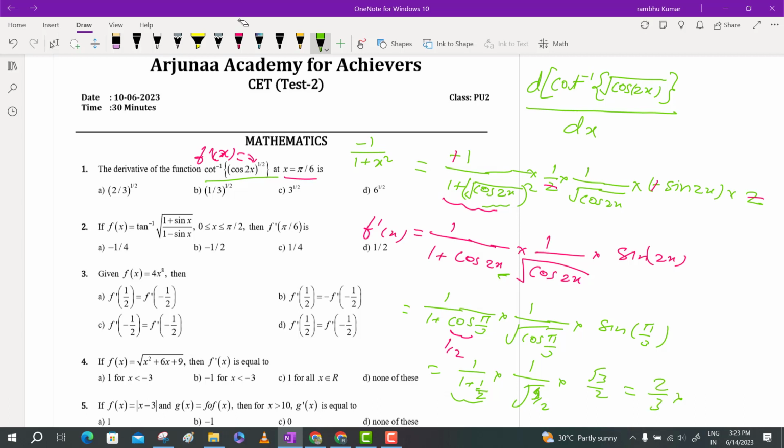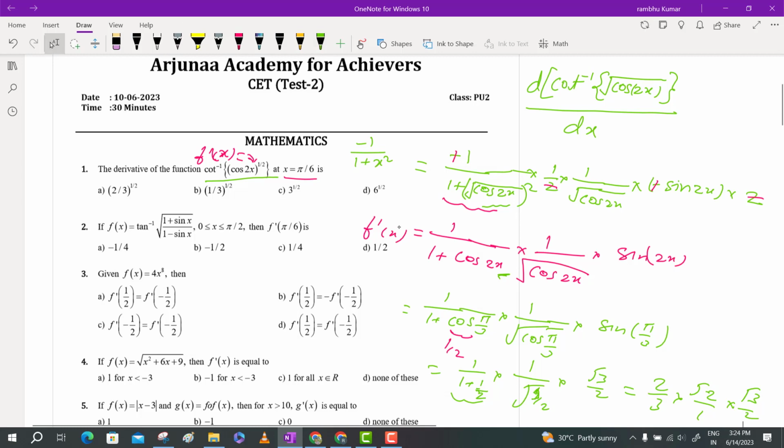So 2 by 3 into root under 1 by 2, which is 1 by root 2, which can be written as root 2 by 1 because this is in the denominator. Now root 3 by 2 we have.